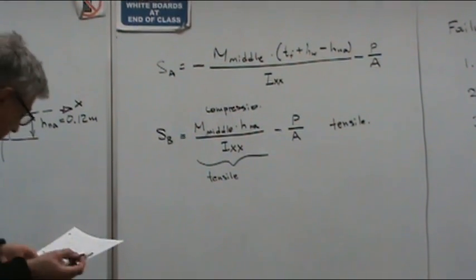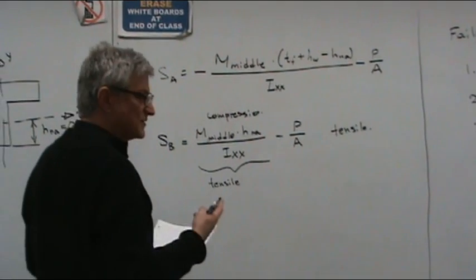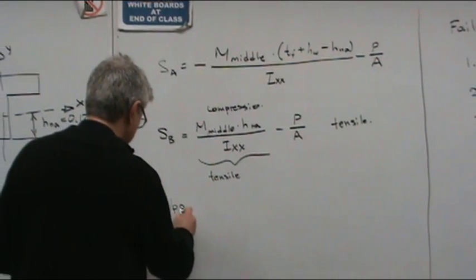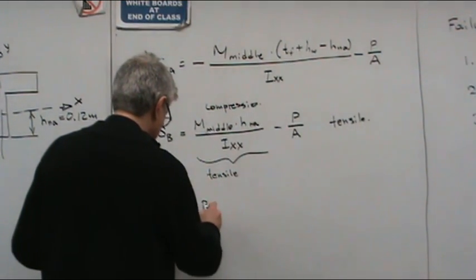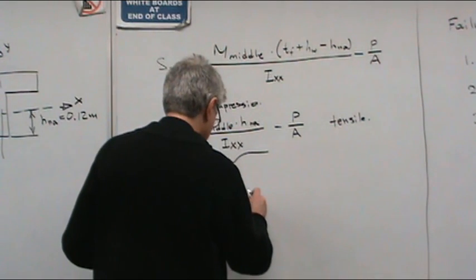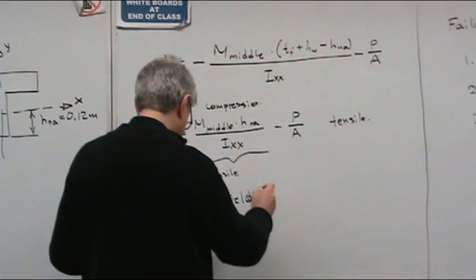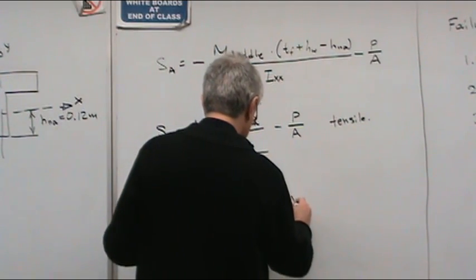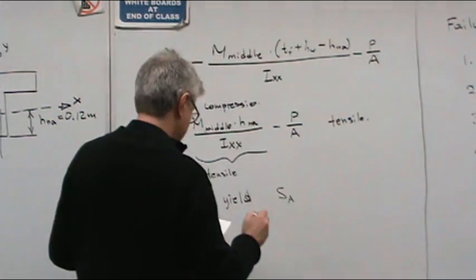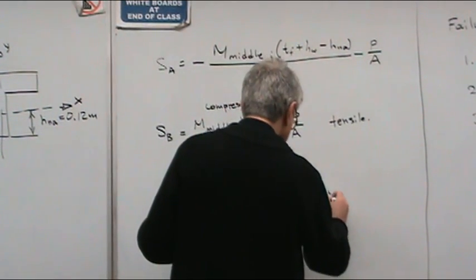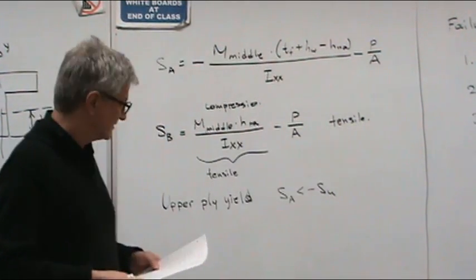Let's write the equations for yield. Upper ply yield is one failure mode, and this occurs when SA, the stress at the upper point, is less than minus S2.